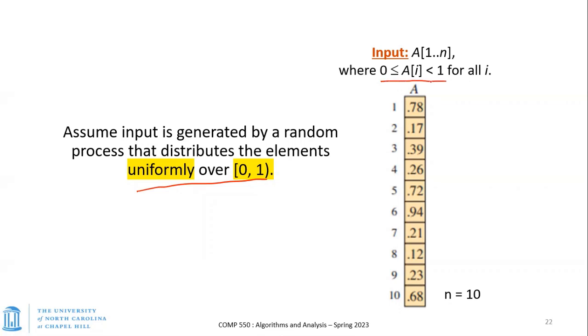So that's our assumption, that these are numbers between 0 and 1. And the second assumption is that they are uniformly distributed. Let's assume that they're being generated by some pseudo-random number generator, which should generate these numbers uniformly. And we're going to generate, let's say, n of these numbers. In this example, n is equal to 10.